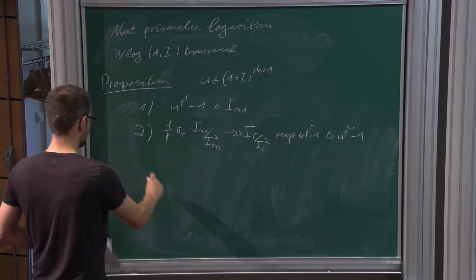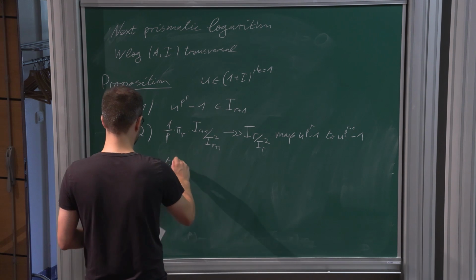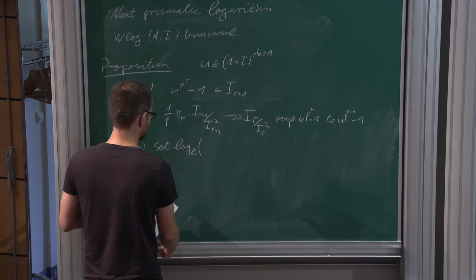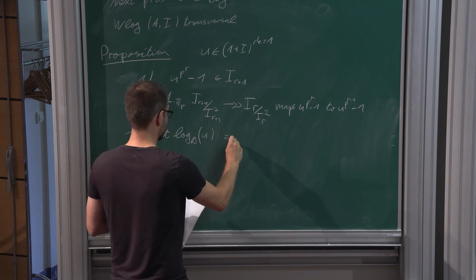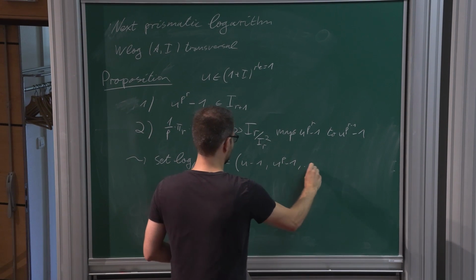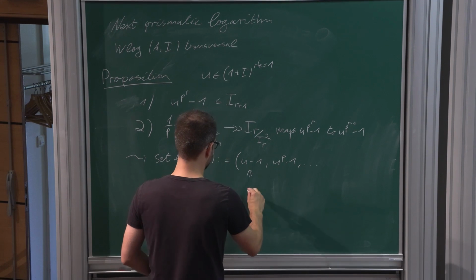And so this means that we can set the prismatic logarithm of u to be this inverse system of elements inside the Breuil-Kisin twist.